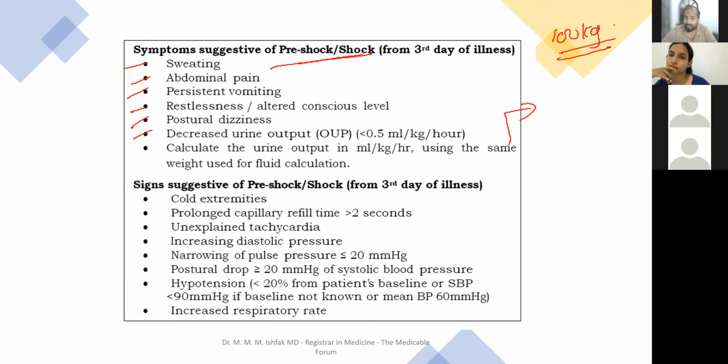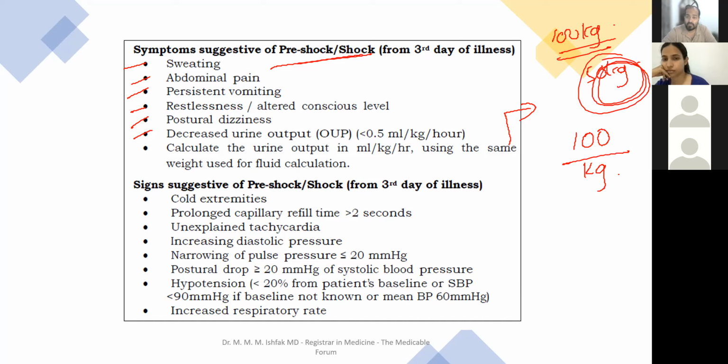Now you calculated the fluids for 50 kg, let's say the patient passed around 100 ml of urine. You don't divide it by his body weight. Instead, you divide it by the kilos you used to calculate the fluids. If you used 50 kgs for fluids, for urine output also, you need to divide by 50, even though his weight is 100. So just remember that.